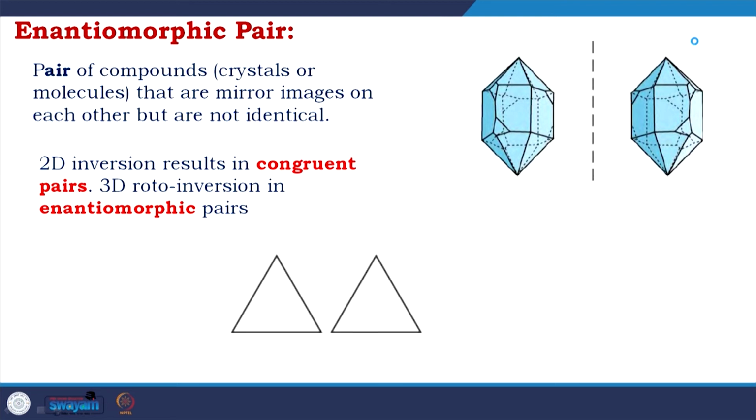Now you could put this on top of this, but you understand we have already shown you in the model that this is a chiral pair and they are not superimposable, like hands. If you want to put them on top of each other, these two would not be superimposed. So, that is the difference between a congruent pair and an enantiomorphic pair.